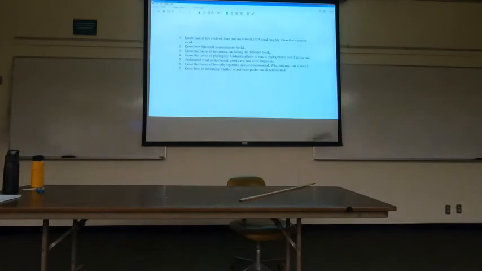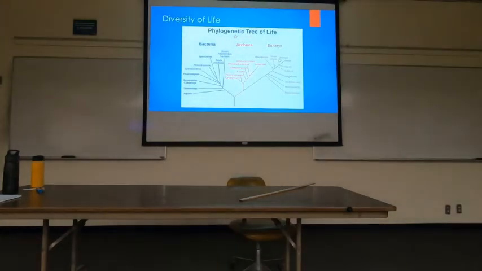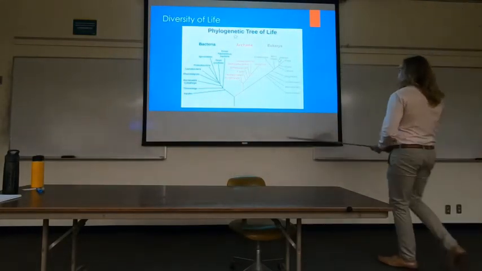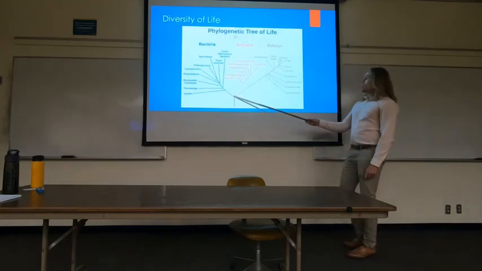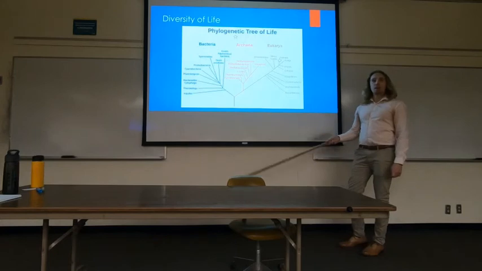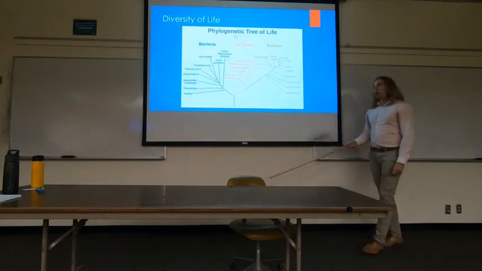Alright, so then, number 5. Know what those nodes or branch points are and what they mean. So if we go back to this, here we have a node where things are branching off. What does this represent? Most recent common ancestor.